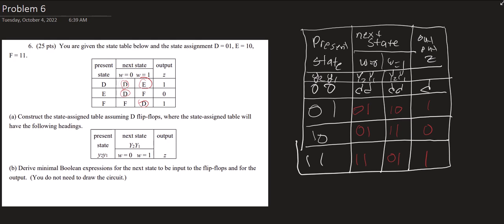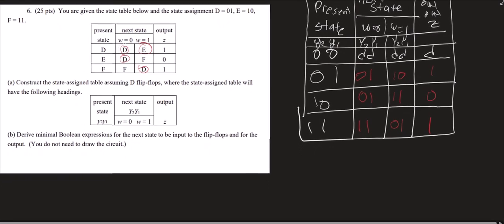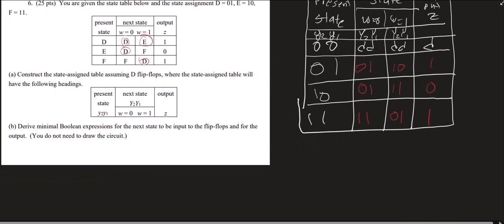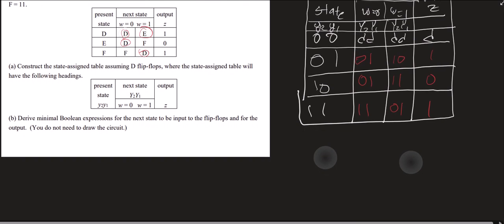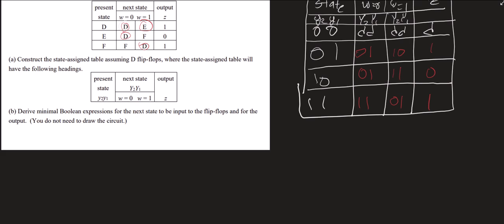Okay, so now comes the slightly tricky part, and it involves remembering stuff from 2741. We have to derive minimum Boolean expressions for the next state to be input to the flip-flops and for the output.